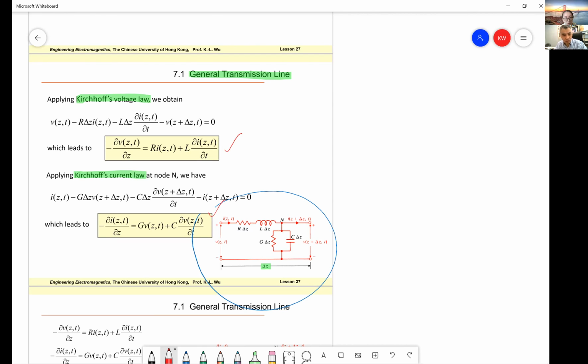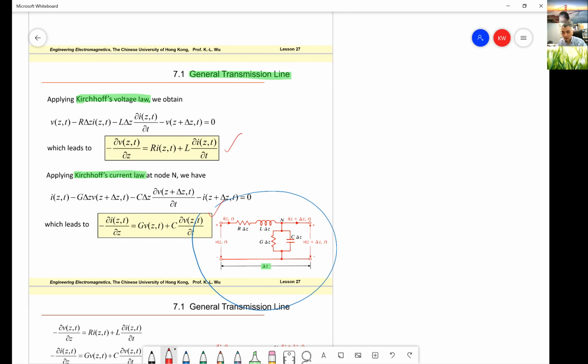If you couldn't remember anything, by the way, all the required formulas and equations about the transmission line, I don't provide in the final exam, because either you remember them or you derive them. For other things, I provide a complete page of equations.